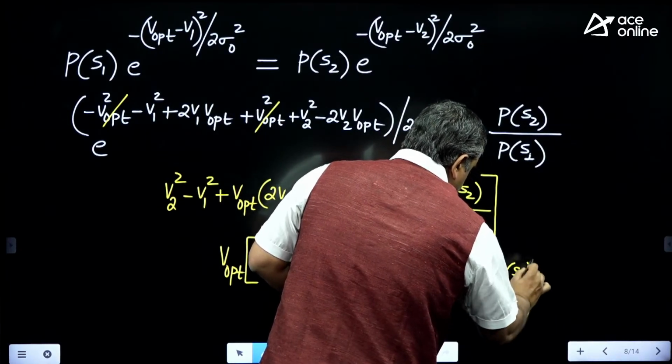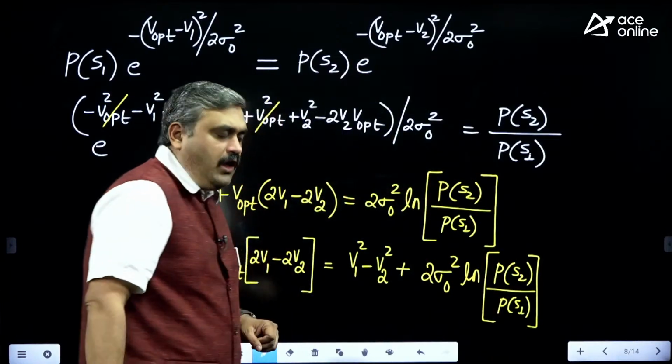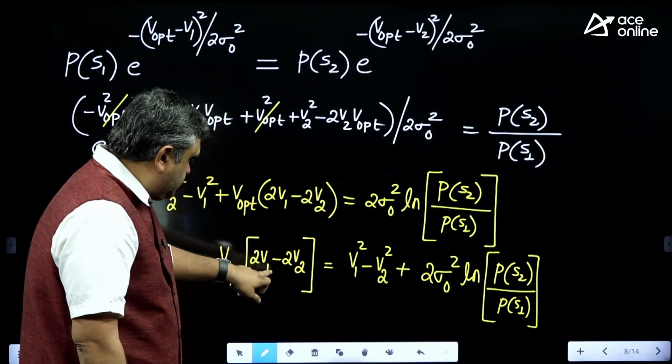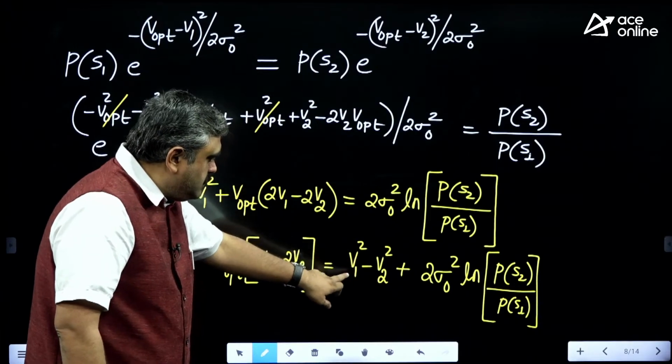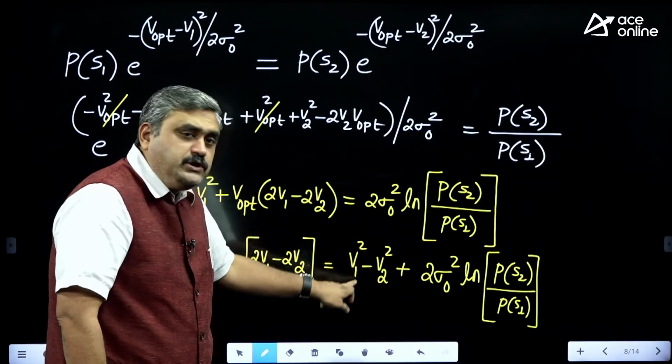Finish. So you simply divide it with 2 into V1 minus V2. You can write this as V1 minus V2 into V1 plus V2.